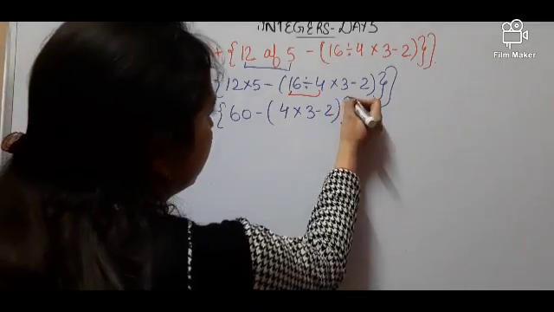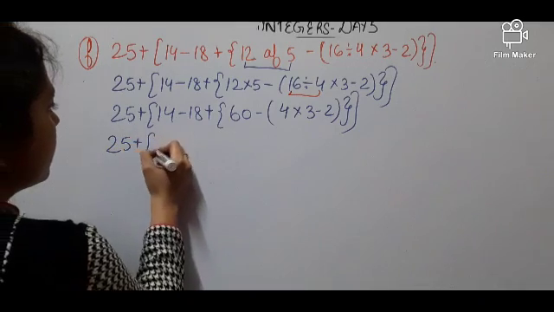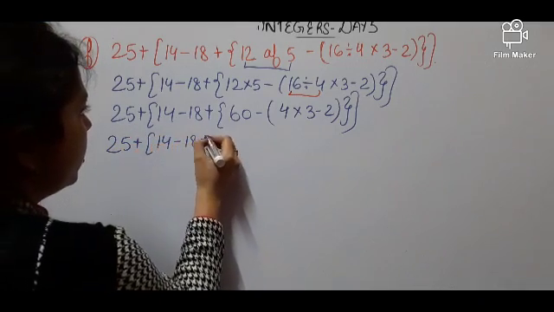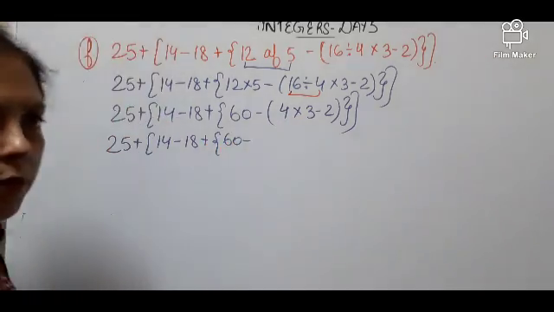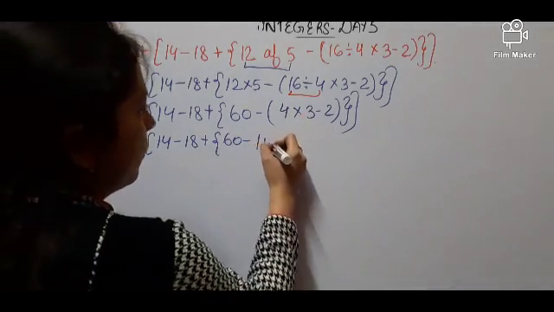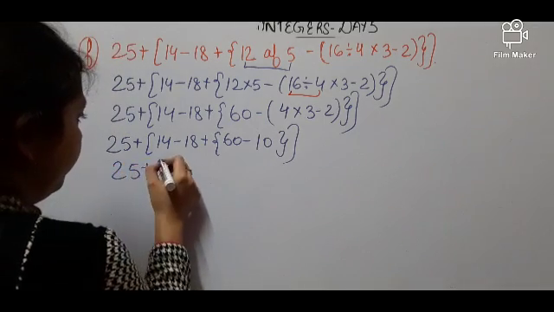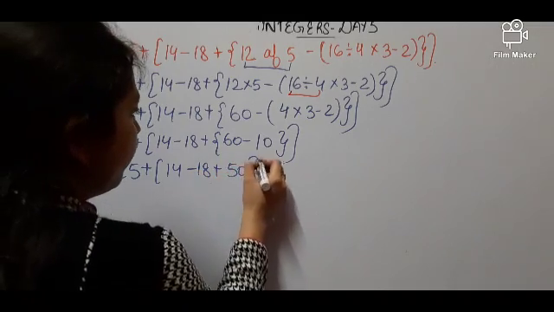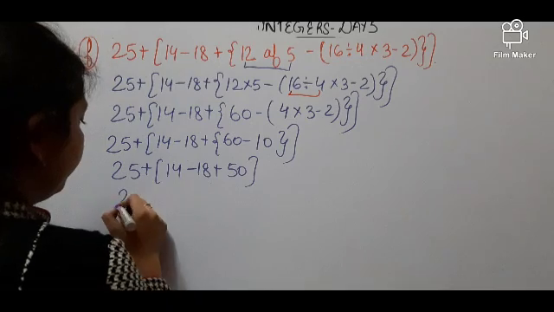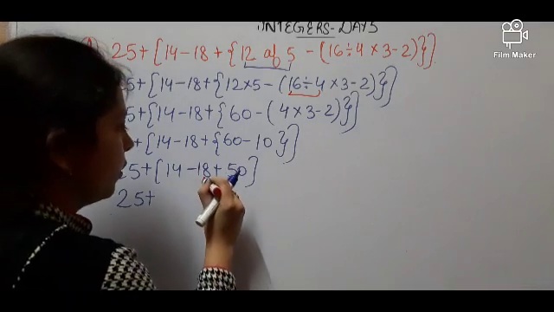So 25 plus 14 minus 18 plus 60 minus, see, 4 times 3 is 12 and 12 minus 2 is 10. So it will give us 10. Next, 60 minus 10 gives you 50. Next, we will solve addition first.